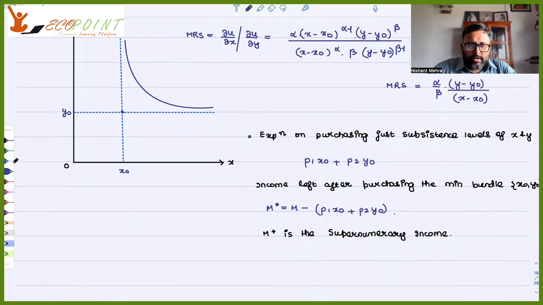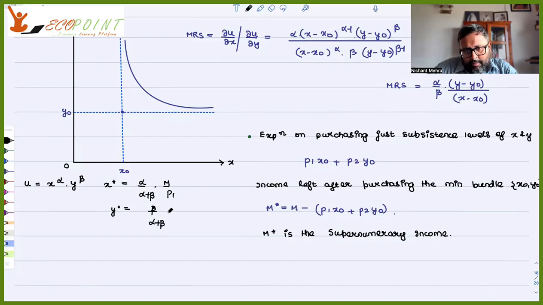So understand one thing, just to recall, that if you have the utility function like U is equal to X to the power alpha, Y to the power beta, in that case, what is X star? Alpha upon alpha plus beta, M upon P1, right? And what is Y star? Beta upon alpha plus beta, M upon P2. This is what it is.